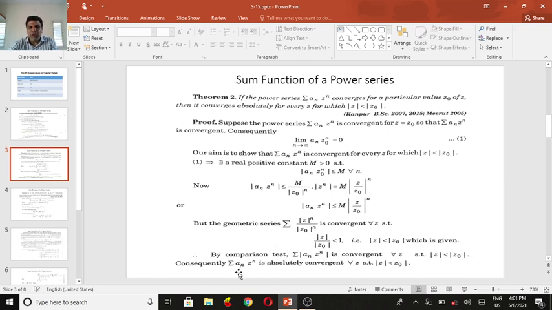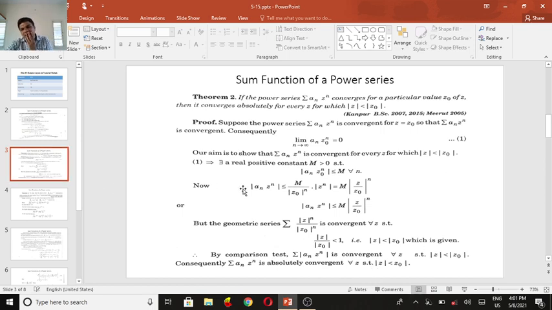Consequently, the power series an z^n is absolutely convergent for all z such that |z| < |z0|.